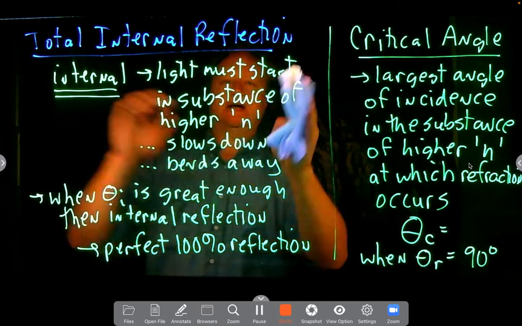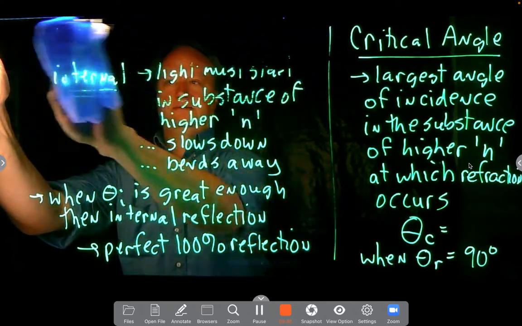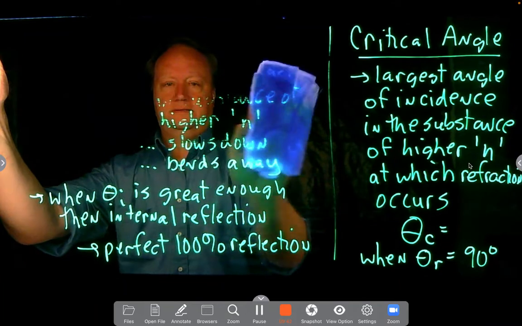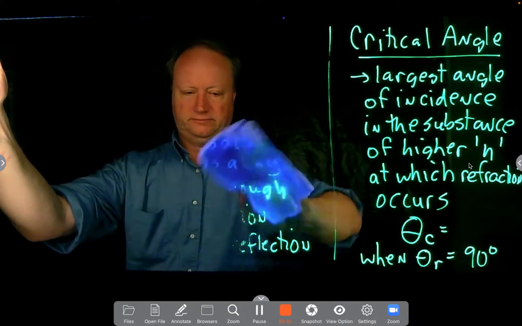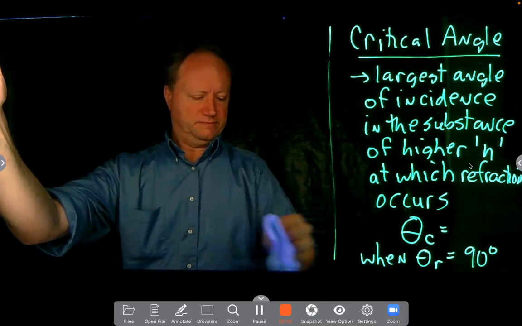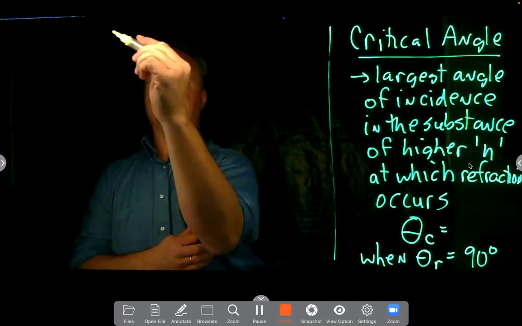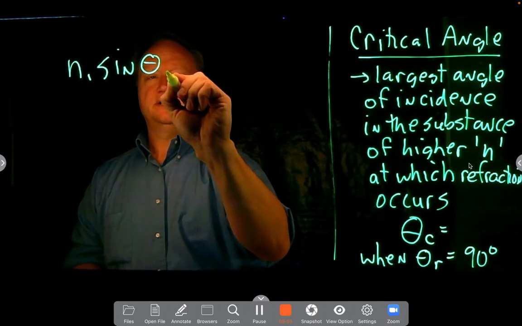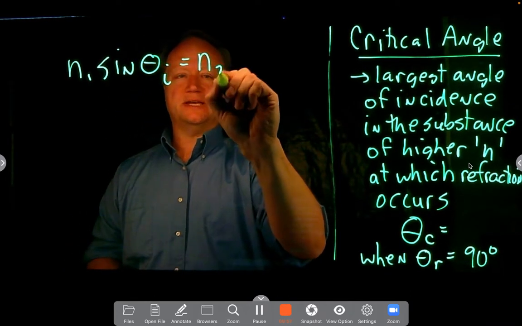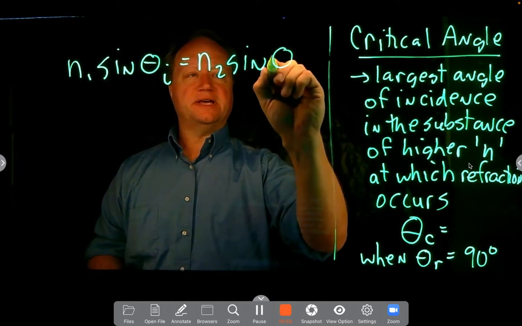So then mathematically, from Snell's law, n1 sine theta i equals n2 sine theta r.